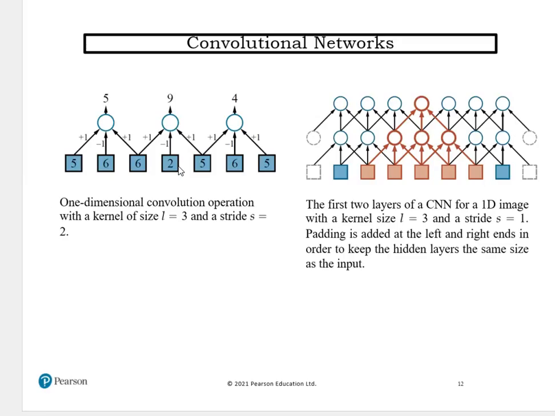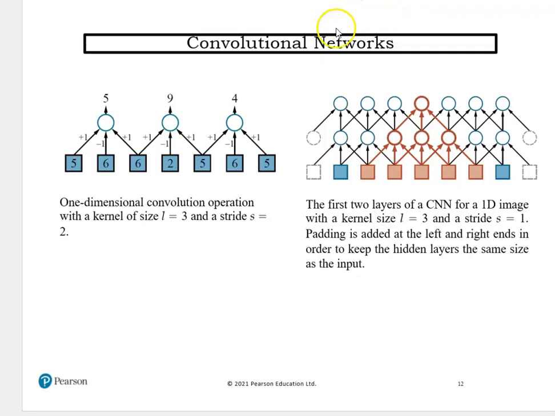The results would usually be fed through a nonlinear activation function before going to the next hidden layer. So we would take the output here and feed that into a sigmoid, for example, or ReLU activation, and then move on to the next hidden layer.